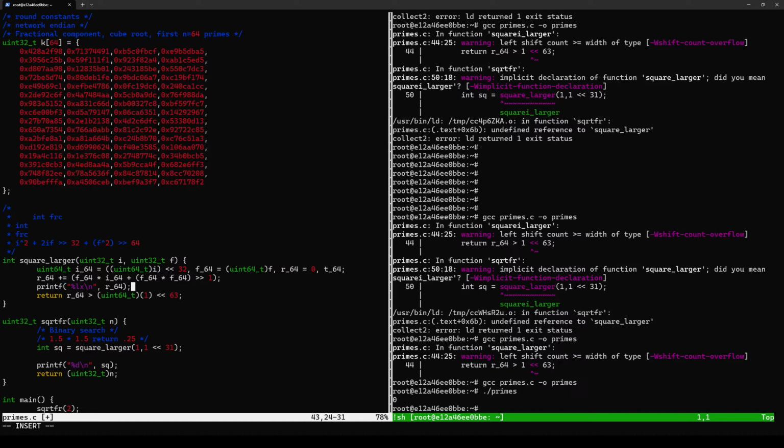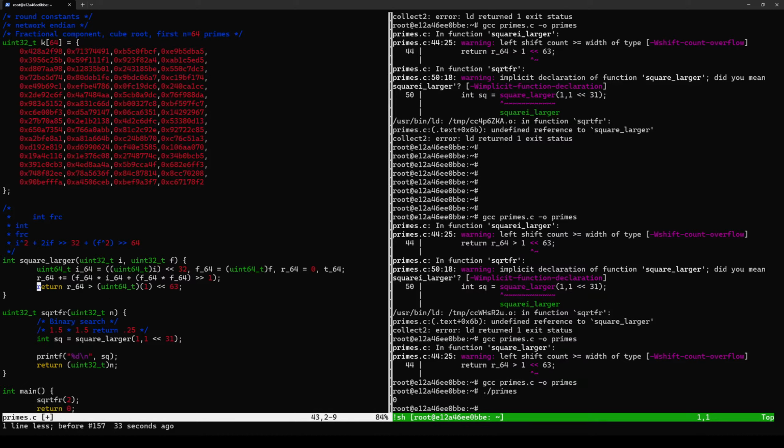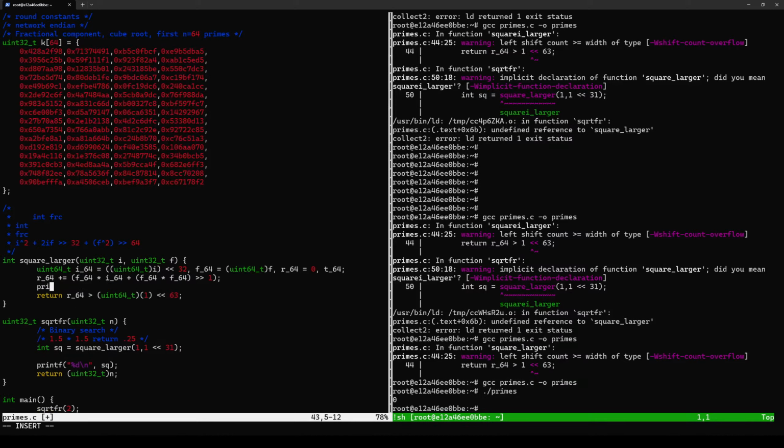Okay. I don't even think I'm close to being able to understand this in an hour. printf %lx newline R64. Should be something big. Okay.